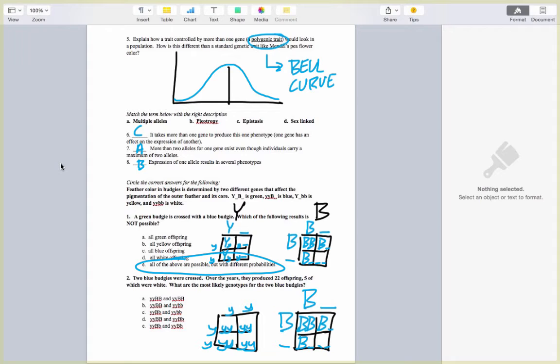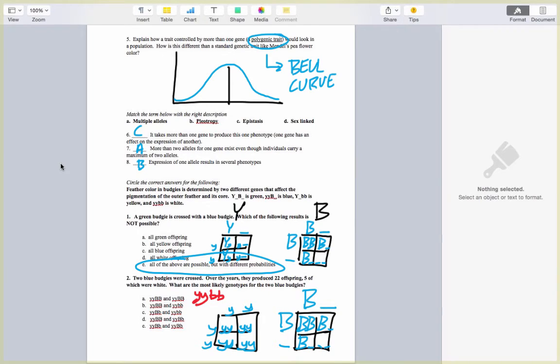Now it says, what are most likely the genotypes of the two blue budgies? They're producing 1/4 white. So to produce their white offspring, they would have to produce little y and little b.